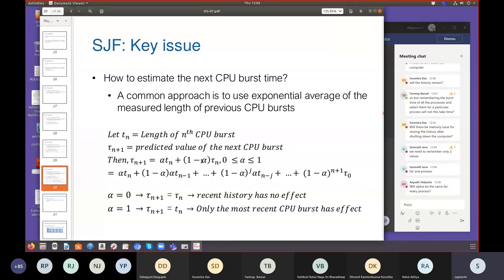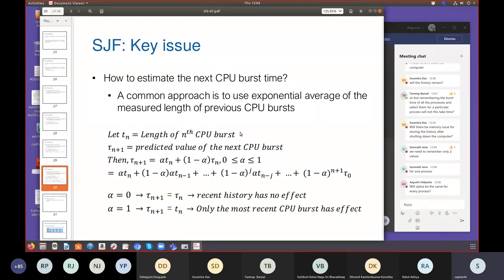Just 2 multiplications and 1 addition, etc. Yes, some bookkeeping has to be done, like these 2 values have to be remembered. But that's not too much compared to what many other things have to be remembered, many other register values, etc.